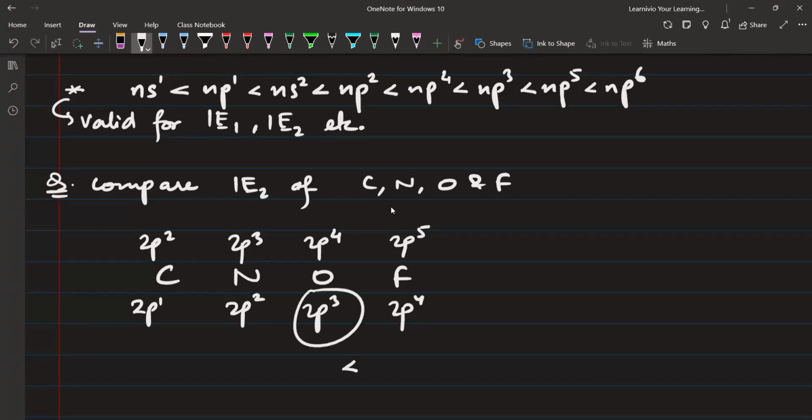So the second ionization enthalpy of oxygen will be highest. The lowest will be 2p1, meaning carbon, followed by 2p2, that is nitrogen, followed by 2p4, that is fluorine, and then 2p3, that is oxygen.